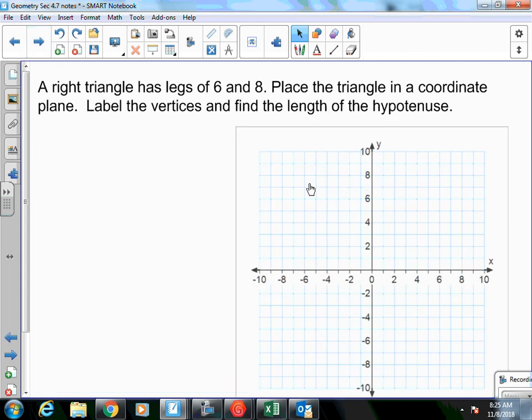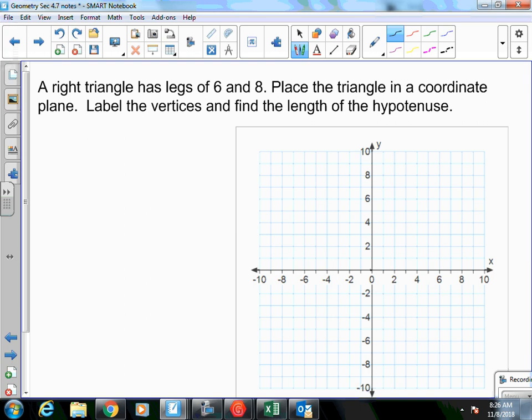Then it says a right triangle has legs of 6 and 8. Place the triangle in a coordinate plane, label the vertices, and find the length of the hypotenuse. So, like I said, it really doesn't matter where we put it as long as we follow the directions about the figure. So legs of 6 and 8.